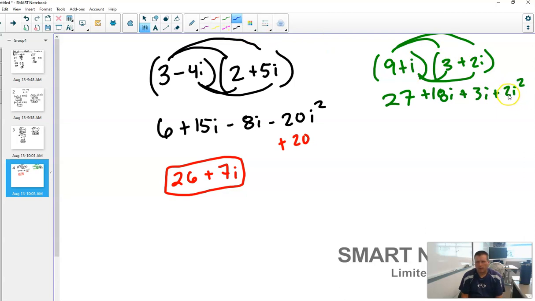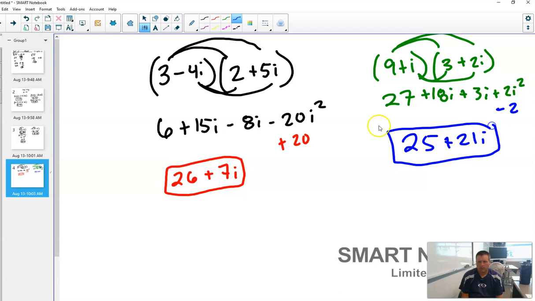This i squared is really just negative 2 because of that, which now combined with the 27 gives me 25. And then I combine the 18i and the 3i, which will give me positive 21i. Bada bing, bada boom. Okay, that's it with complex operations. Adios.